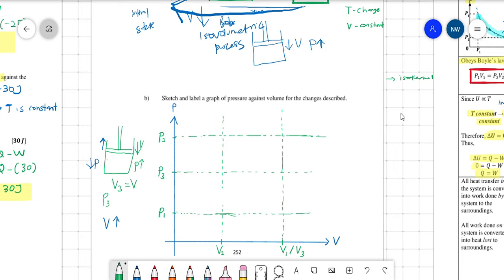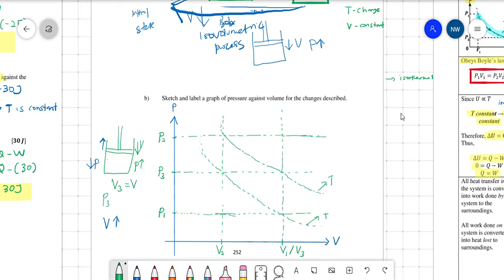Usually we draw it as a curve, like this, which is the temperature curve. This temperature is different from this temperature.